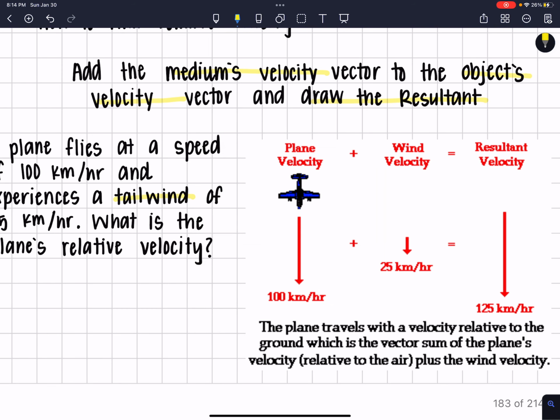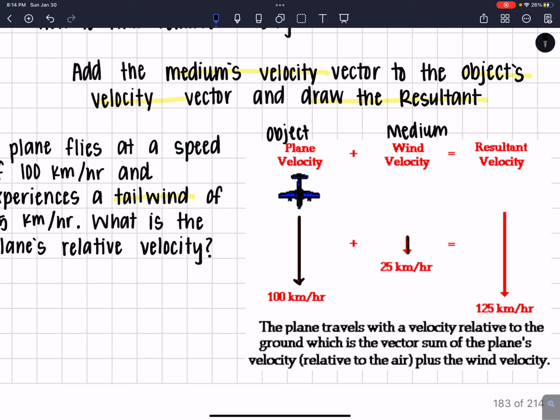So if the plane's velocity, this is kind of like our object's velocity vector, is a vector that is 100 kilometers per hour in magnitude. And then the wind's vector, this is like the medium that our plane is traveling in.